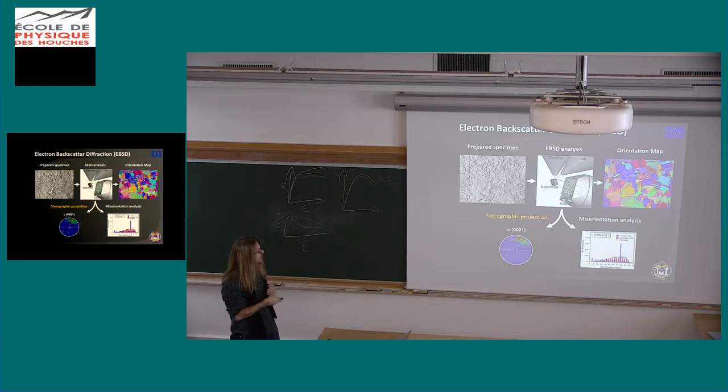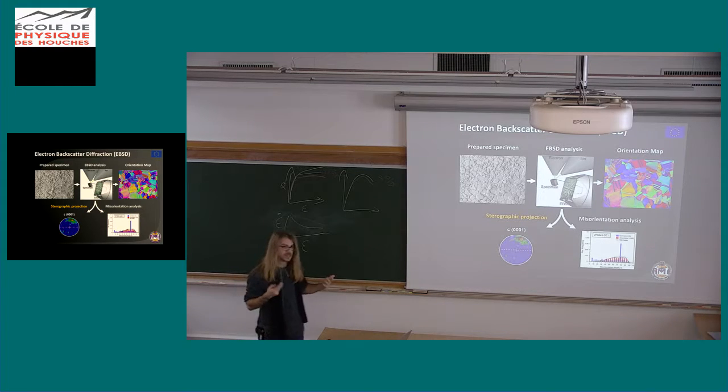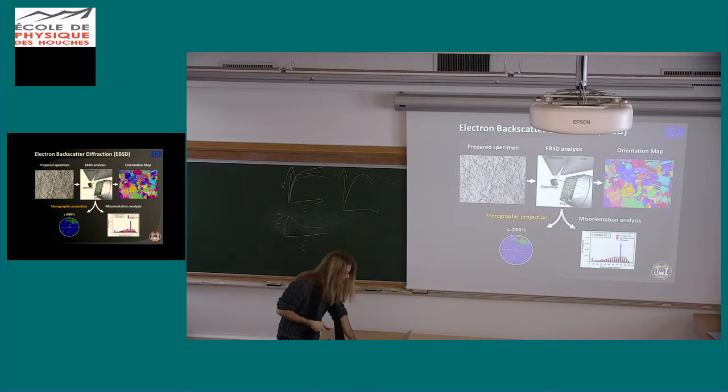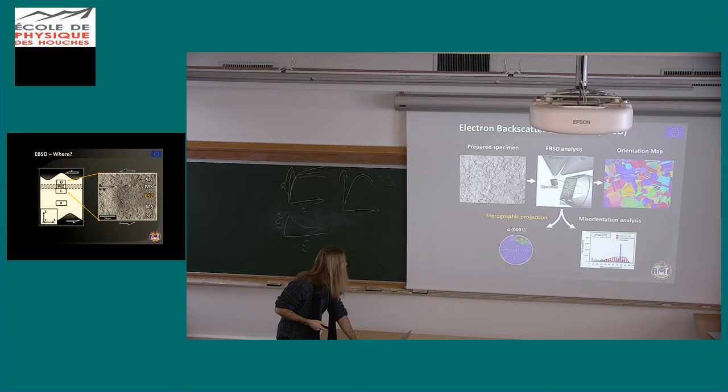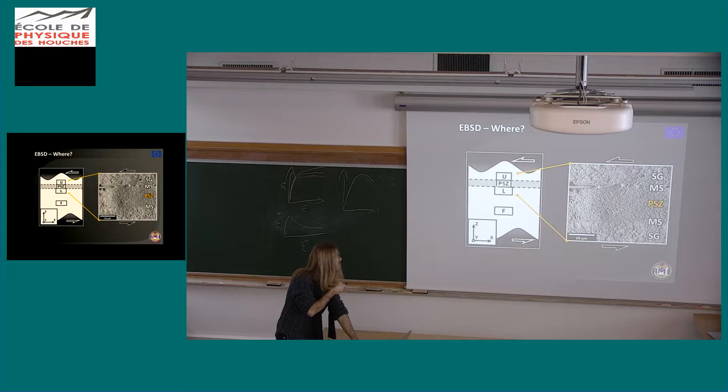I will focus more on the stereographic projection because it's more immediate, but we've also done misorientation analysis, orientation maps, and so on, a full analysis. Today I will show just what's happening inside the principal slip zone.